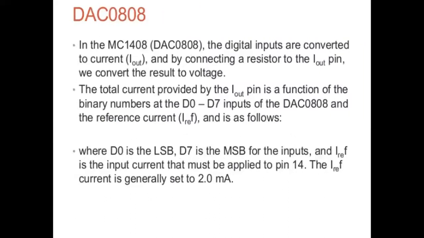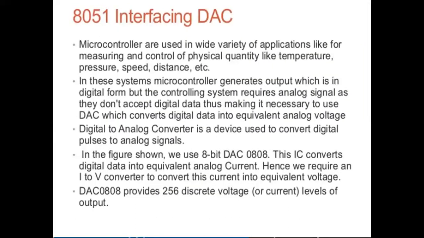So here you are using the 8-bit DAC 0808. Normally it will convert the digital data into equivalent analog current, but we require voltage. So the output of this DAC is connected to an I2V converter.